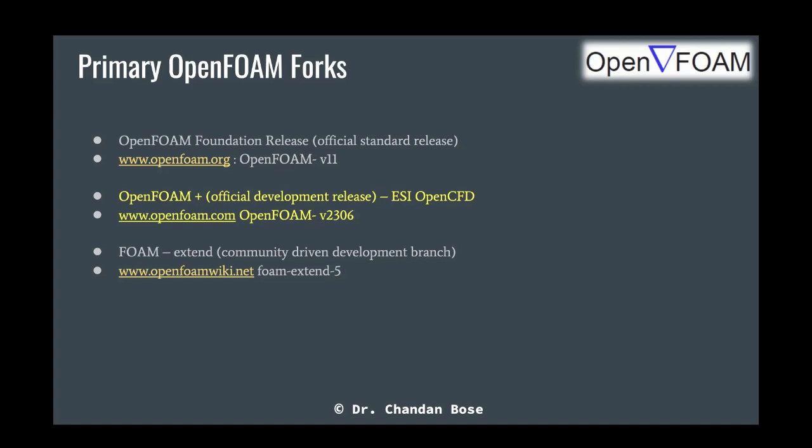Whereas openfoam.com releases a version every 6 months. This version 2306 is backdated, because it was released in 2023, in the 6th month, which is June. So the latest to date is 2312, which was released in 2023, in the month of December.